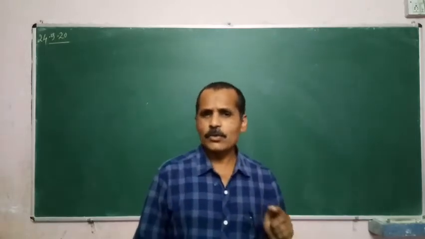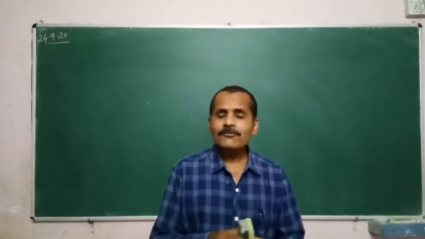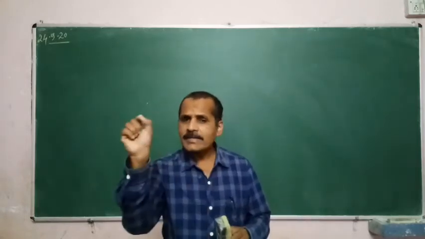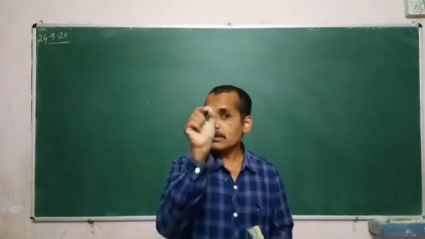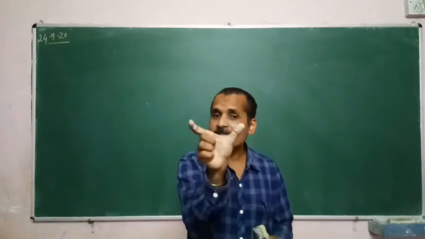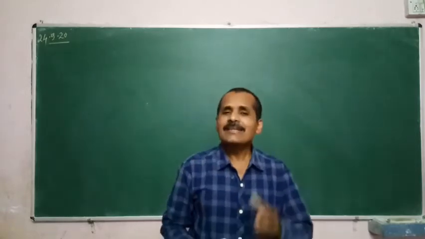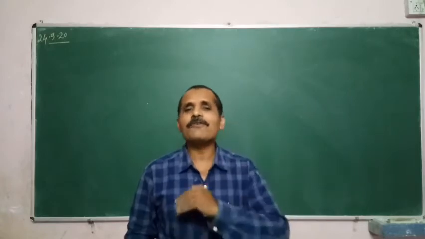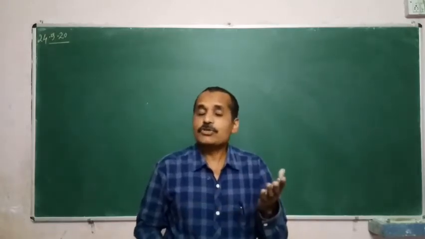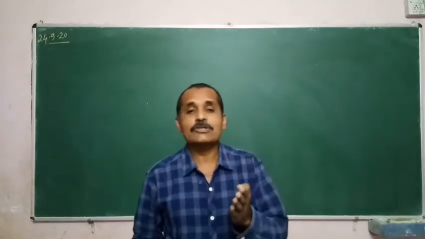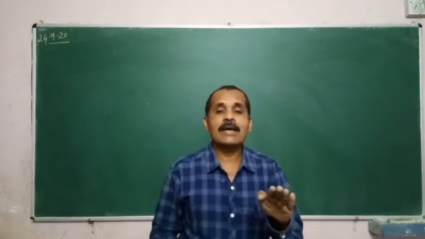And in the last video, I have told you, if the point which divides the line segment is a midpoint, then the section formula can be simplified further. No need to apply the formula x is equal to (mx2 plus nx1) divided by (m plus n).